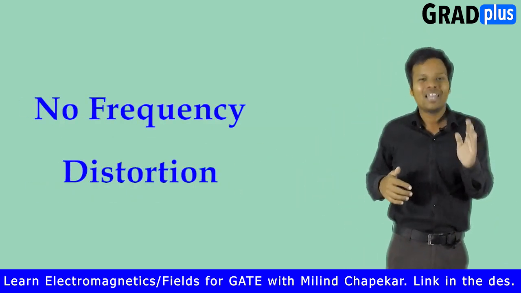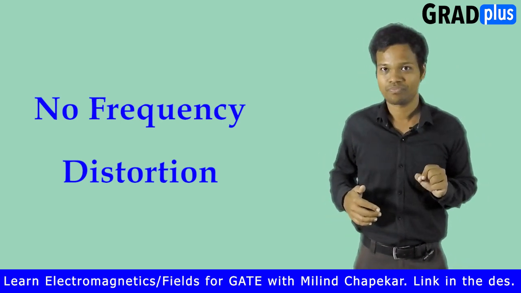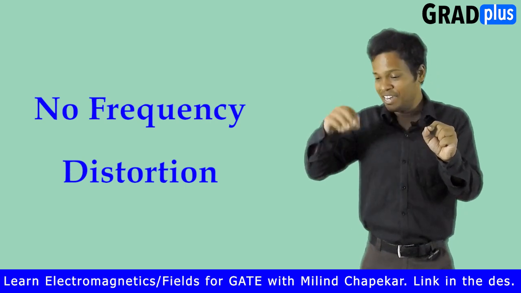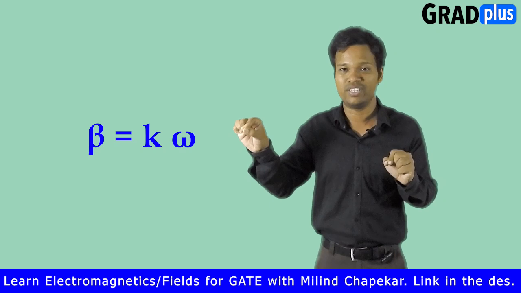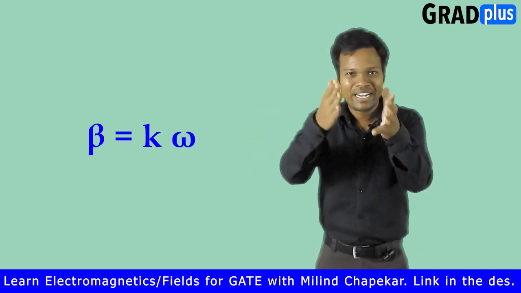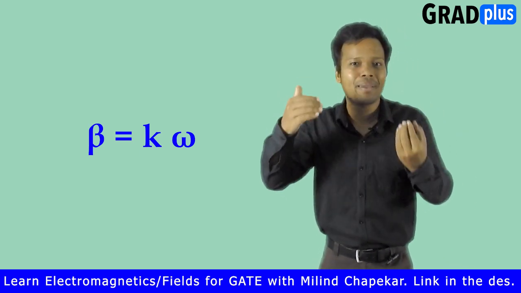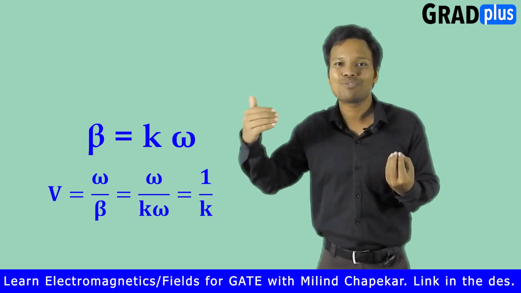Similarly, when R by L equal to G by C, beta, the phase constant, is linearly dependent on omega, linearly dependent on the frequency. Beta equal to k times omega. So my dear, you know that electromagnetic wave speed V equal to omega by beta. So beta is k times omega.